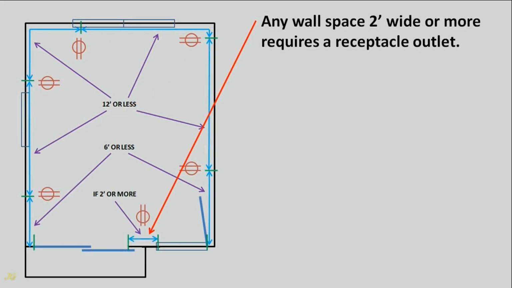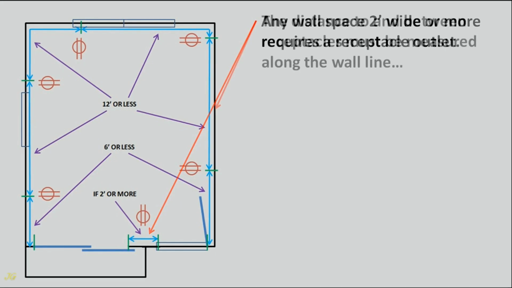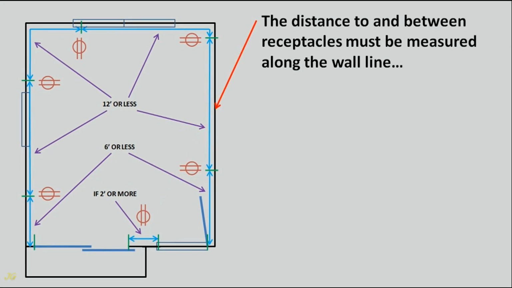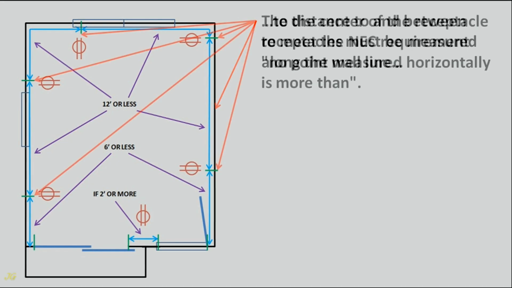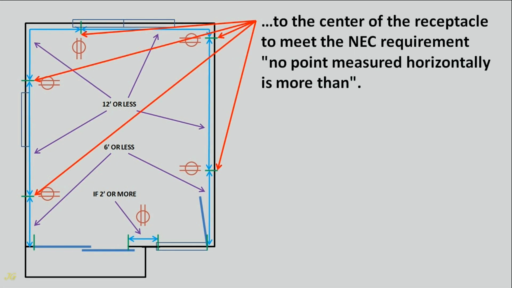Any wall space 2 feet wide or more requires a receptacle outlet. The distance to and between receptacles must be measured along the wall line. To the center of the receptacle to meet the NEC requirement, no point measured horizontally is more than.